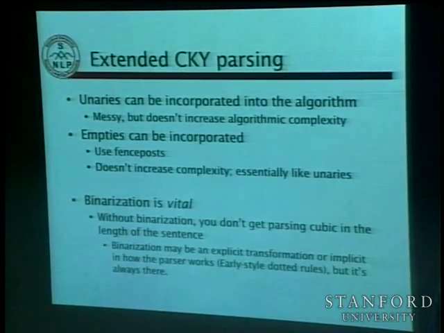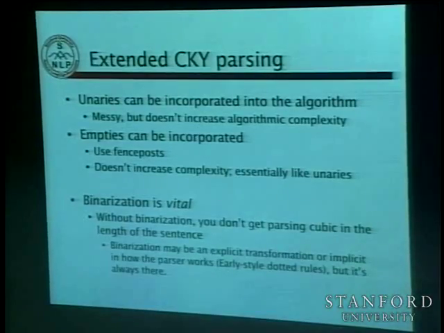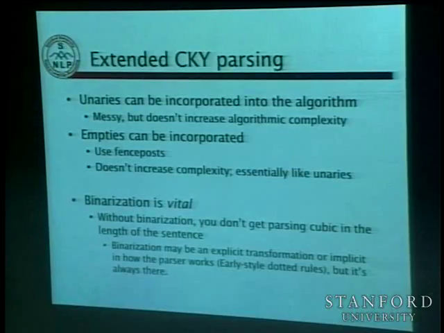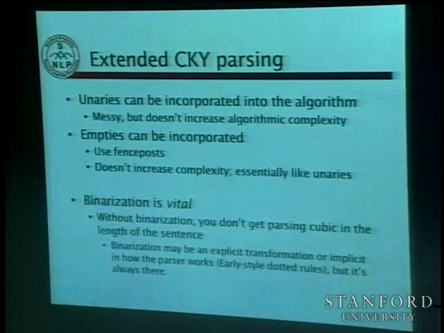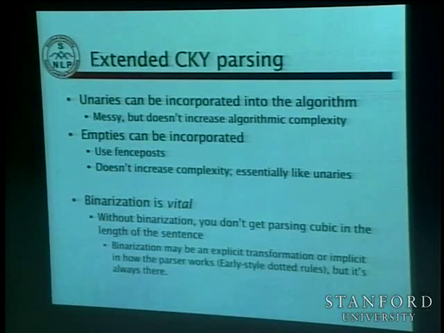So every algorithm that does polynomial time context-free grammar parsing, it might be hidden in different places, but somewhere in the algorithm, it has to binarize rules. Because providing you binarize rules, you then have this property where you're combining two things together at a time, and you can do it in polynomial time. Whereas if you have n-ary rules, you then have a problem where, okay, I can partition this thing into n pieces in any place, and then you're still in a world where you have exponential algorithms.